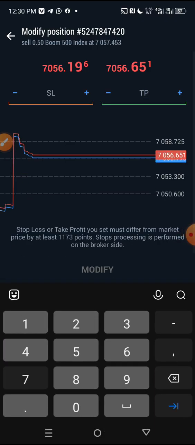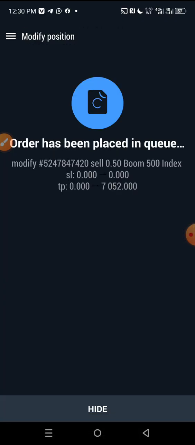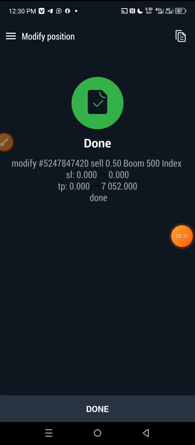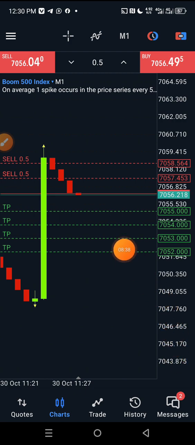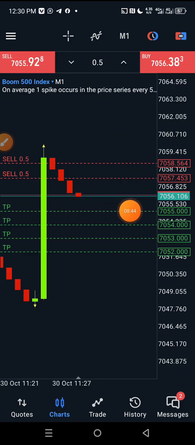Modify, 70.52. You see how they line up, meaning that these trades will be closing one pip apart. If the price touches the first TP, the first trade will close. If it touches the next one, another trade will close, and the same for the last one.